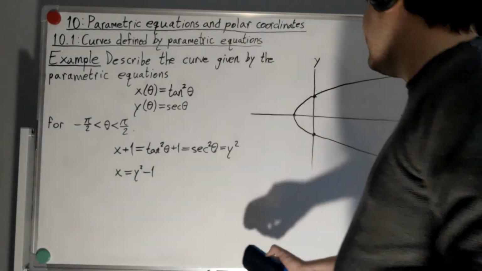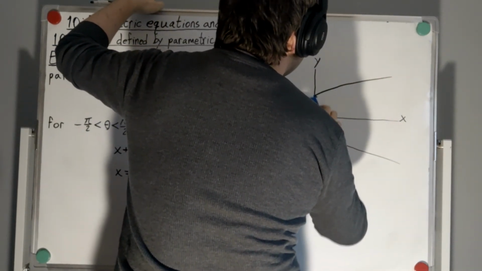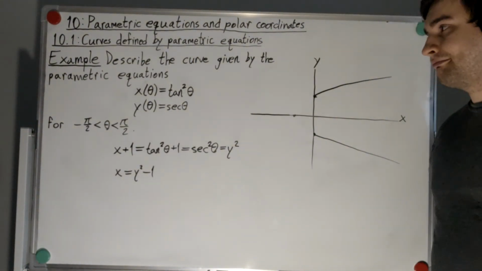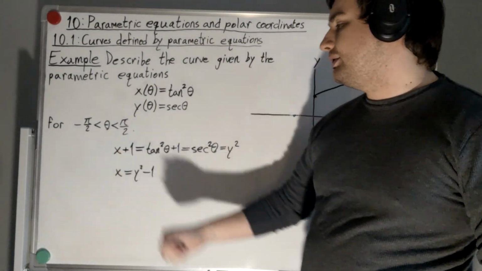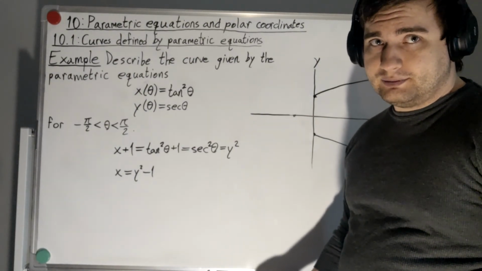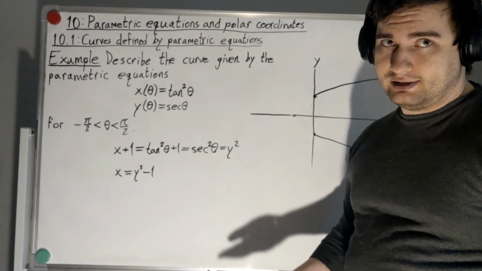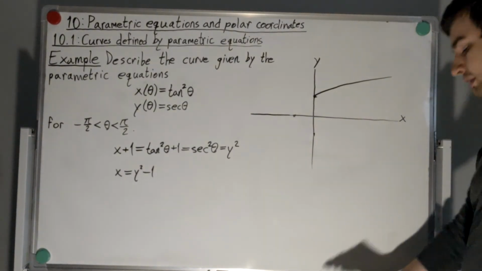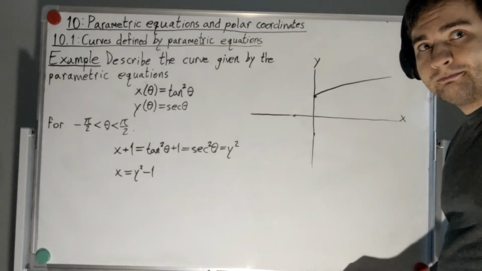All right, so that means that we are definitely not dealing with any region where x is negative, which would be to the left of the y-axis. Additionally, if theta is between negative pi over 2 and pi over 2, then the cosine of theta is positive. If the cosine of theta is positive, then the secant of theta, which is 1 over the cosine of theta, has to also be positive. So that means y is positive. So that means that we can only be dealing with this part of the curve.